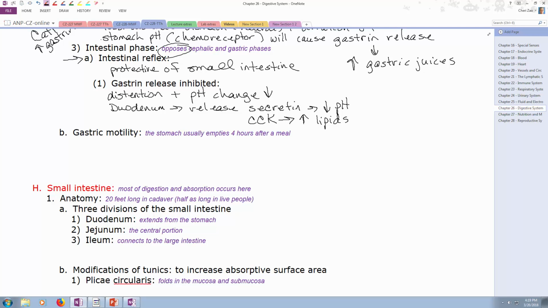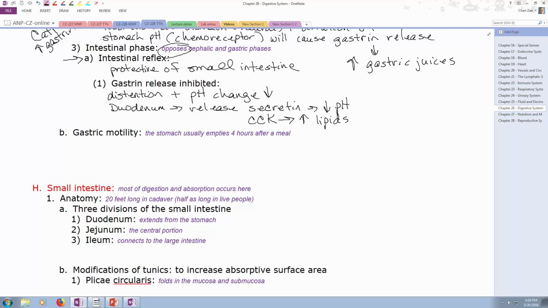So, but of these two hormones, secretin and cholecystokinin, which one's secreted first? Secretin. And so when I ask you this, that obviously means there must be one that's secreted before the other. And then CCK is released because lipids get in later.